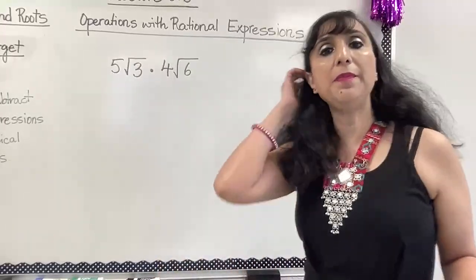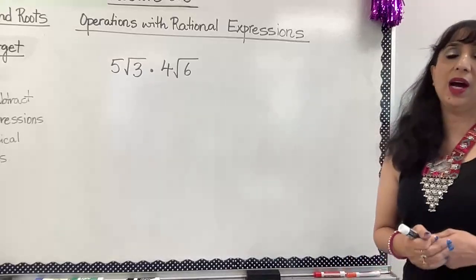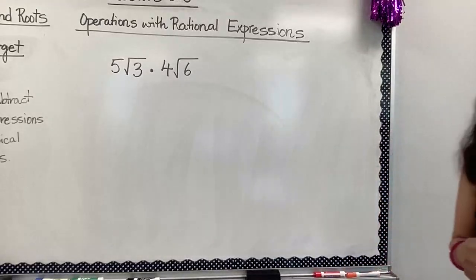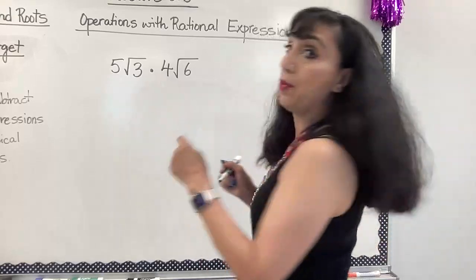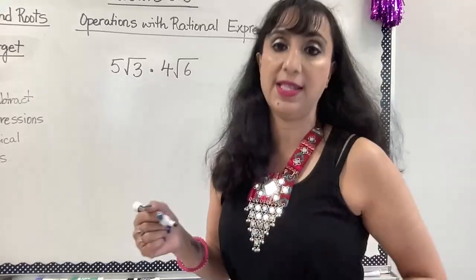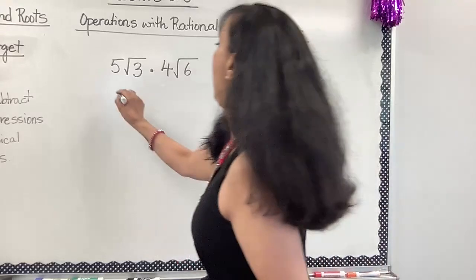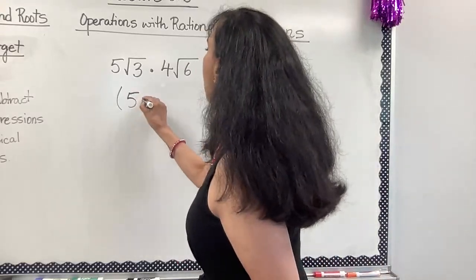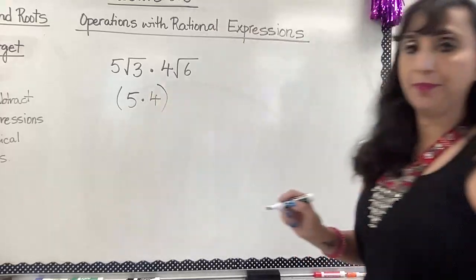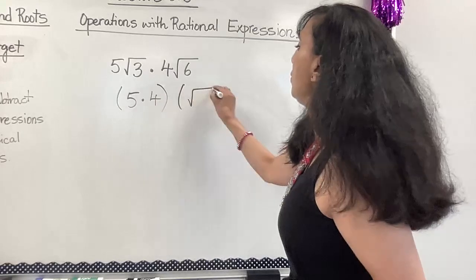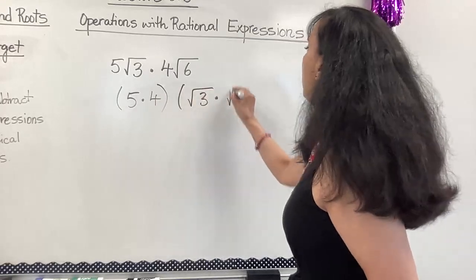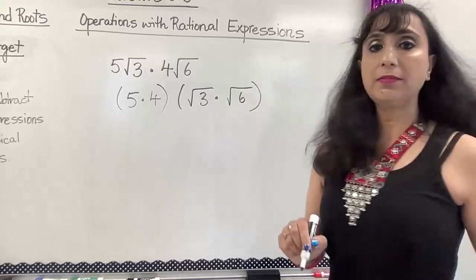So here's a problem, and we are going to multiply radical expressions. So I am going to group this together for multiplying and group this. And remember, we can multiply the radicands. So I have 5 times 4, and then I have root 3 times root 6.